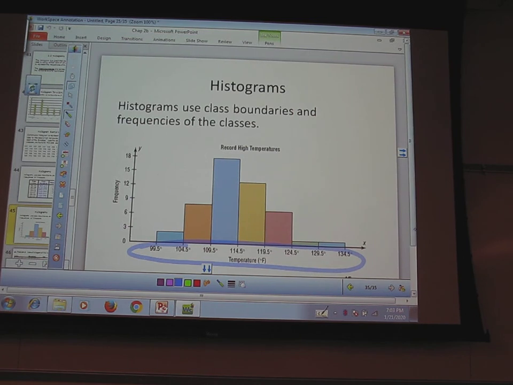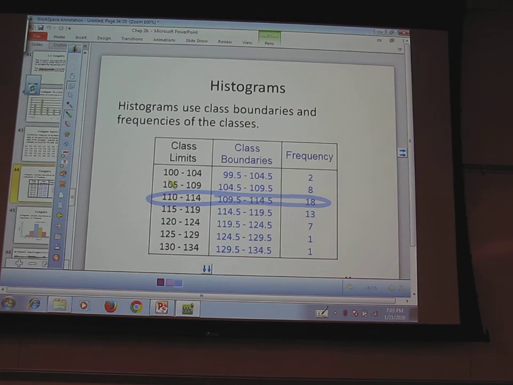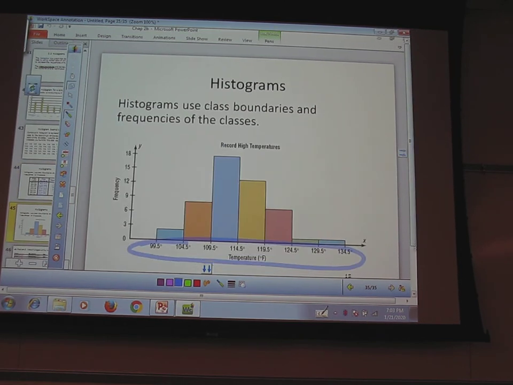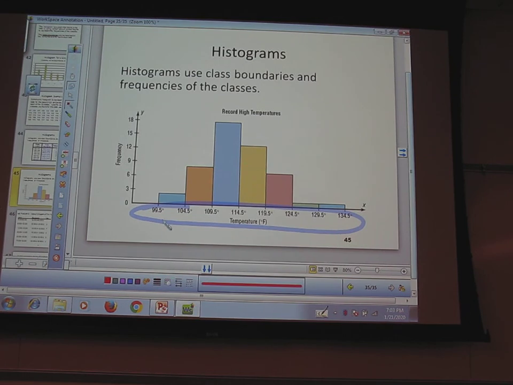Now, you could also, if you wanted to, use my class limits, 100 to 104. I could just write that in down below. 100 to 104. This one would be 105 to 109. But then I have to write twice as many numbers, and that's a pain in the butt, so I don't want to do it.